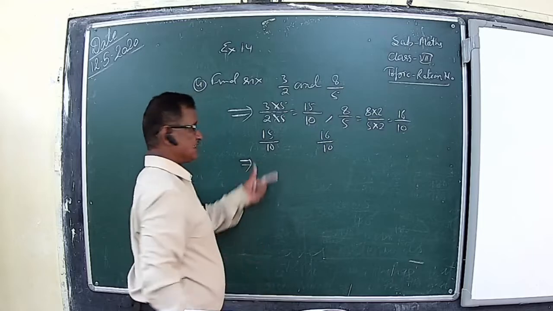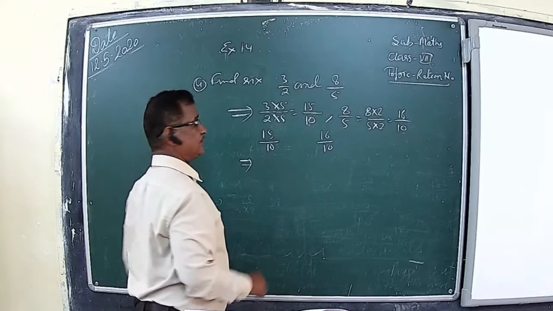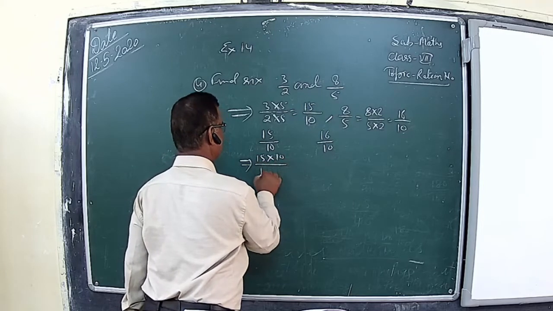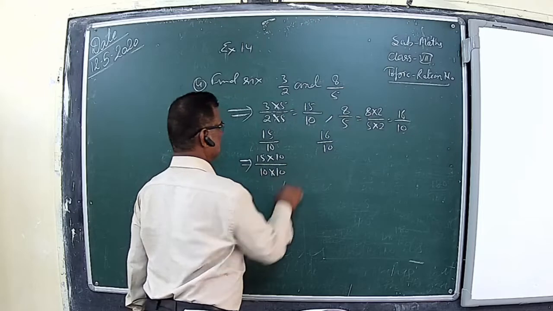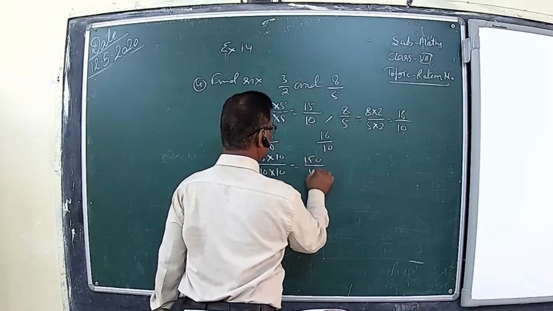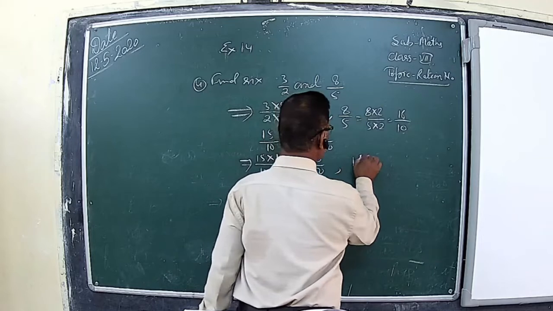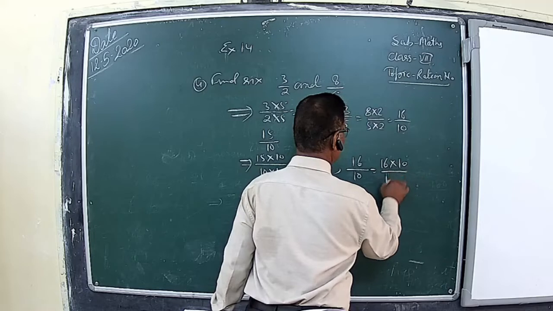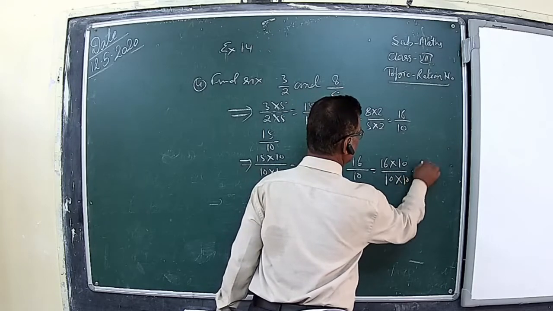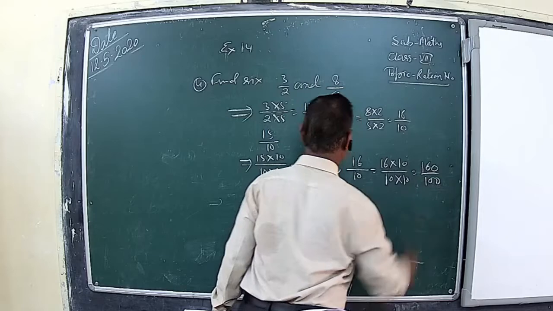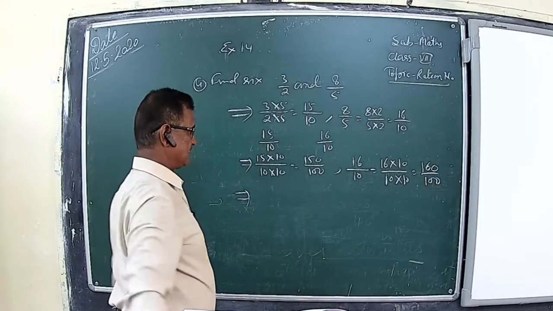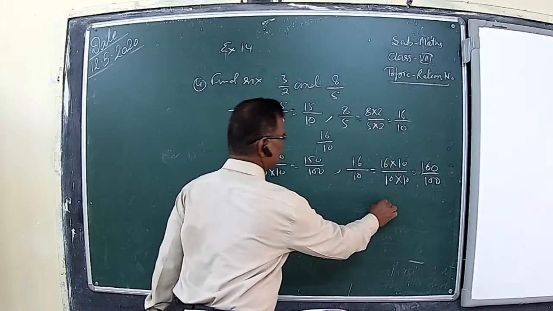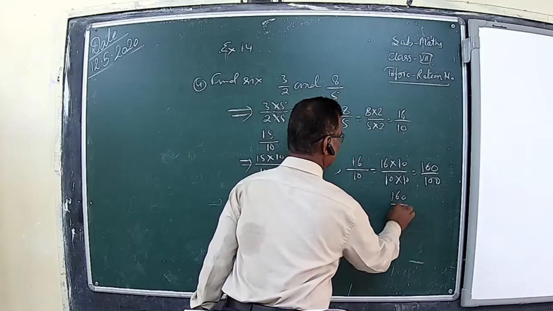It means you change these into bigger equivalent rational numbers. So 15 into 10 over 10 into 10 is 150 by 100, and 16 by 10 is equal to 160 by 100.